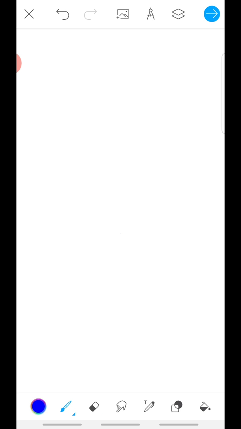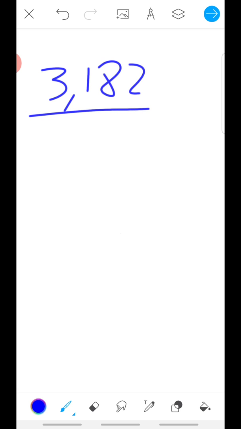Okay, here, what if we have decimals in our numbers? Here, like 3.182 out of 100. How do we do that? How are we going to simplify this? Okay, so now we're going to learn how to simplify.